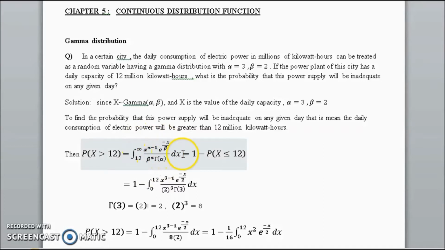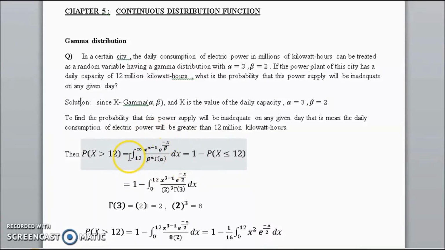Because x greater than 12, and the probability of x from 0 to infinity equals 1, we know that from the properties of the probability distribution function.